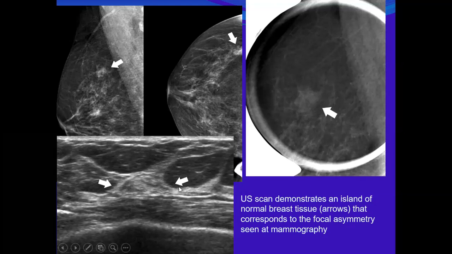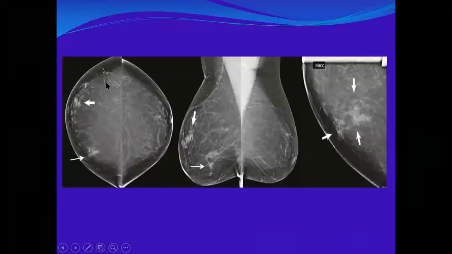This is an island because it is surrounded by fat from here and here, and this is the only area of fibroglandular parenchyma looking like a mass. But if you look within, there is an area of fat. See? And if you look, the borders are concave rather than convex.